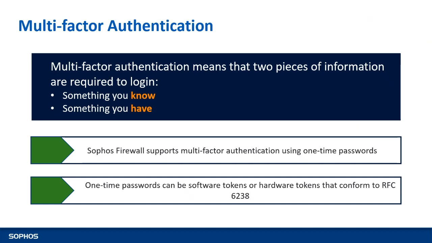There are different types of one-time password. You can use either software tokens, such as the Sophos Authenticator app or Sophos Intercept X apps that are available for Android and iOS, or hardware tokens, if they comply with RFC, for example.